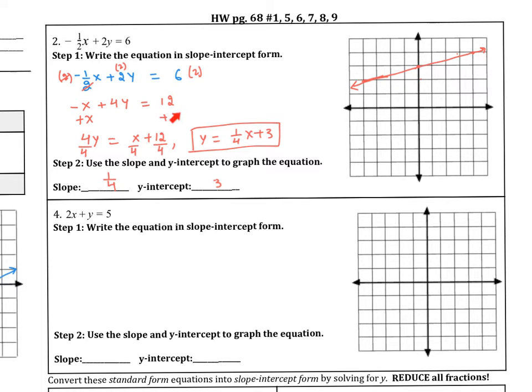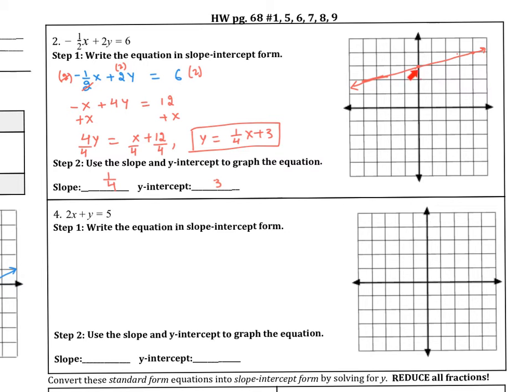Now add x on both sides. You're going to get 4y equals x plus 12. Since we're going to isolate the y, we're going to divide by 4 each term. 4 and 4 cancel. You're going to get y equals 1 over 4 x plus 3, where slope is 1 over 4 and the y-intercept is 3.